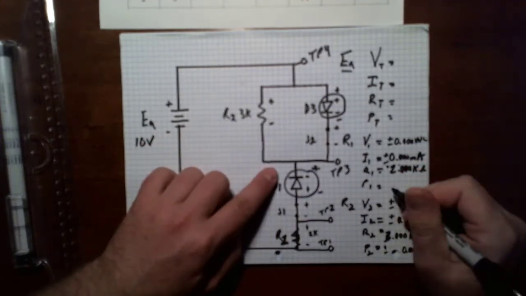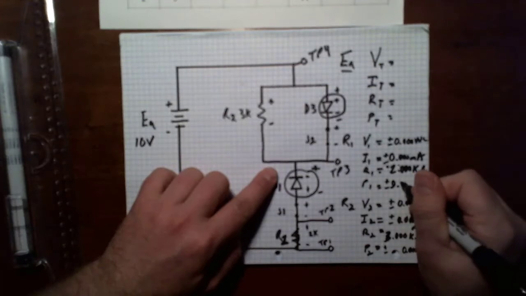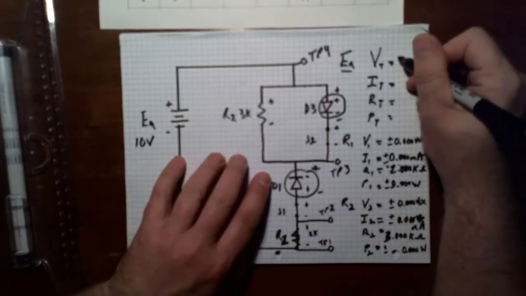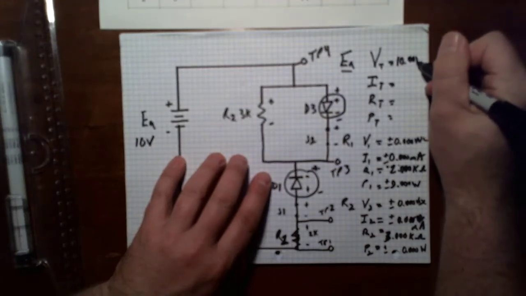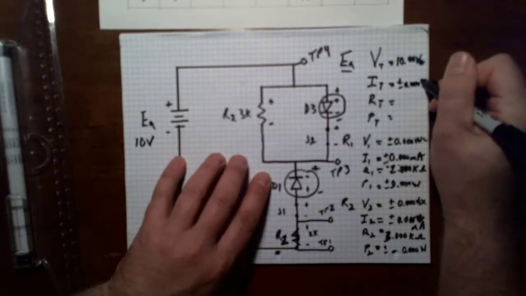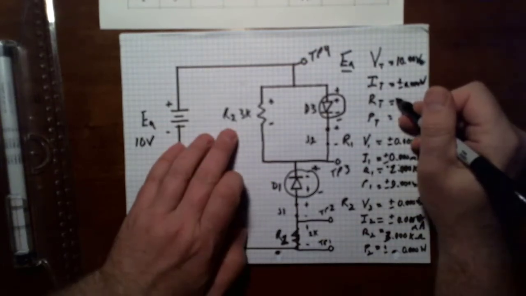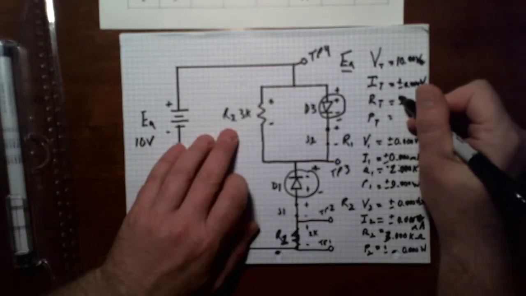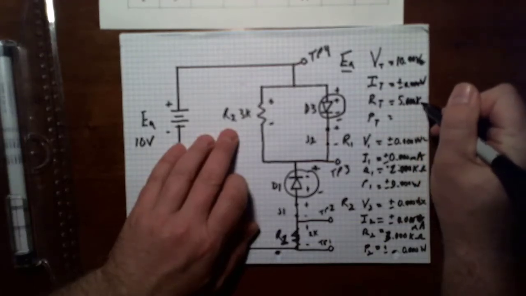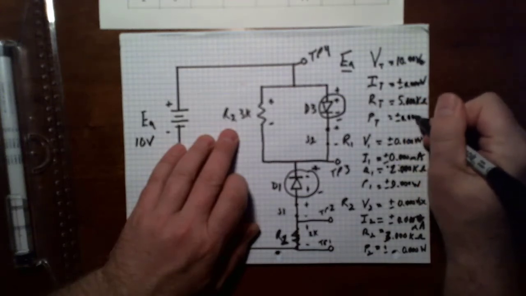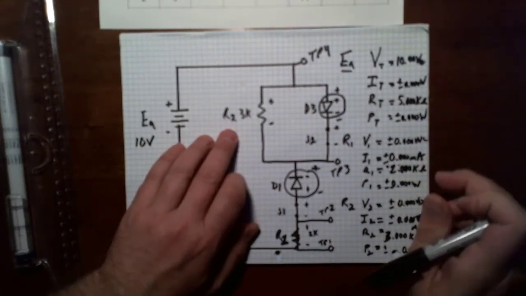No current, no voltage, no power. My volts total, I have 10.00 volts DC. My total resistance is 5.000 kiloohms, and my total power is plus or minus 0.000 watts.